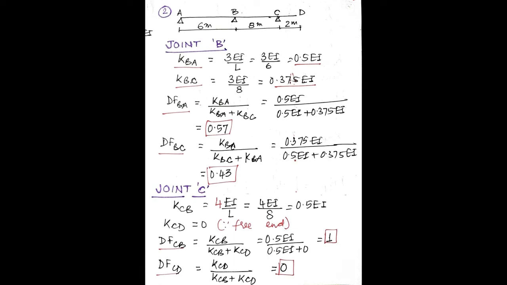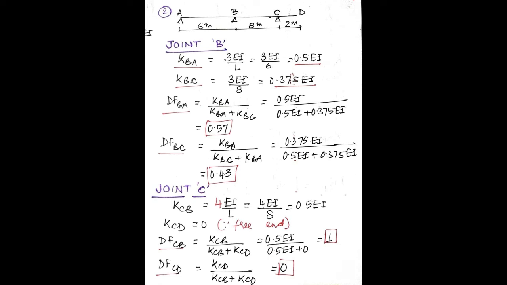The reason is that while we are considering joint C and member CB, there is another support at the left hand side of B, that is, joint A is another support. So this CB member acts as if there is a fixed support, or the support is more fixed at the left hand side end.